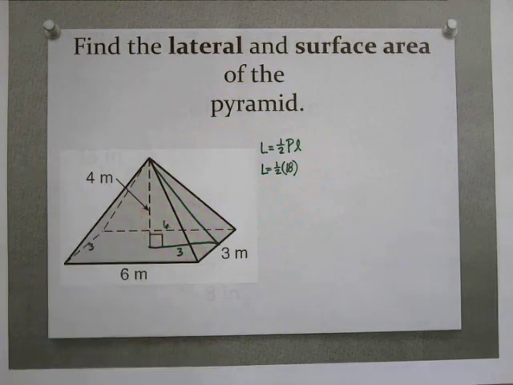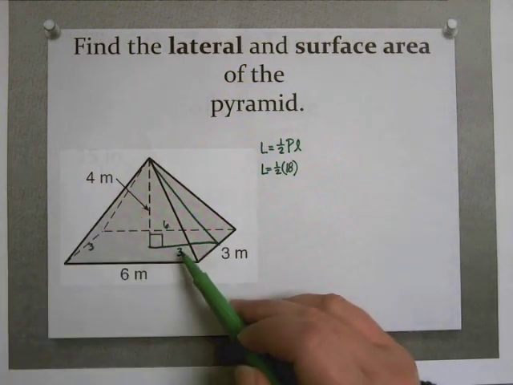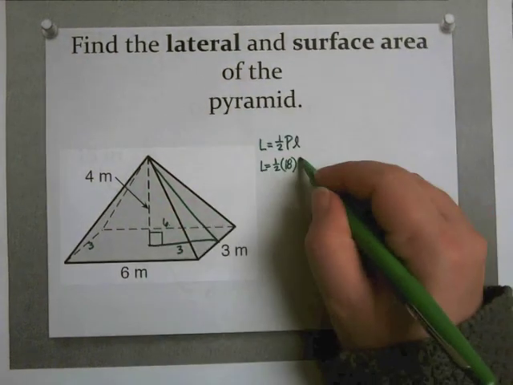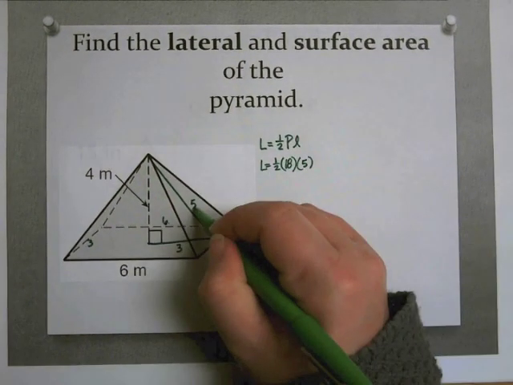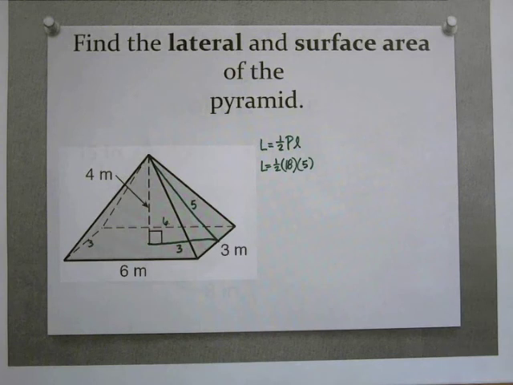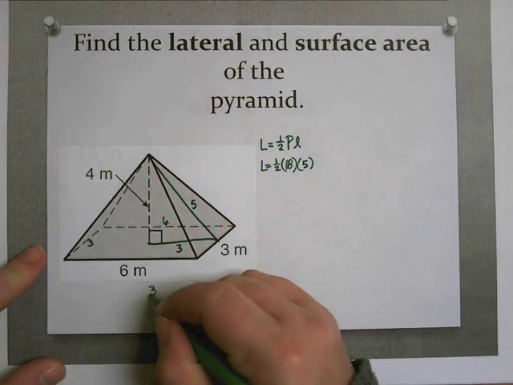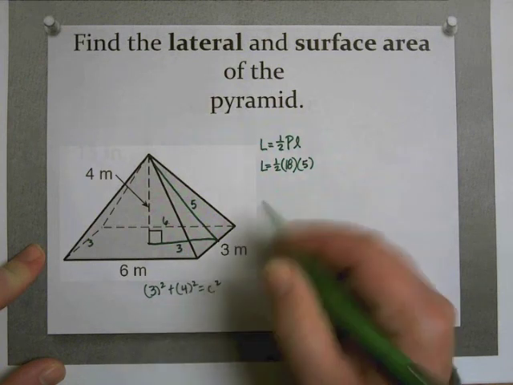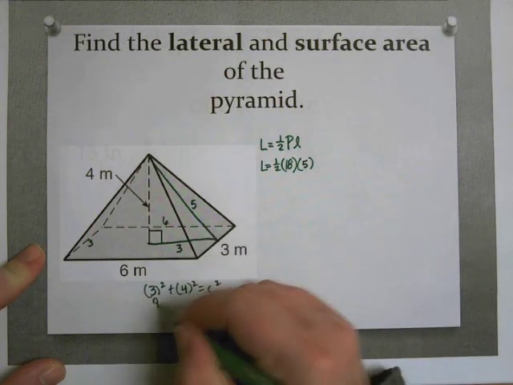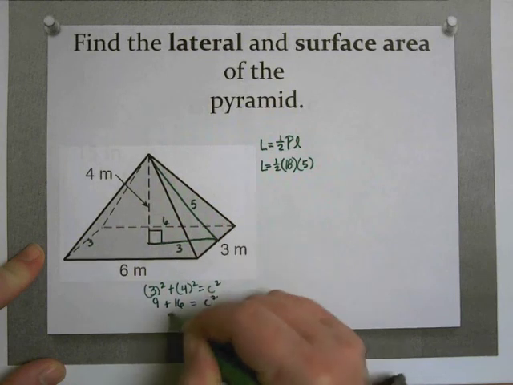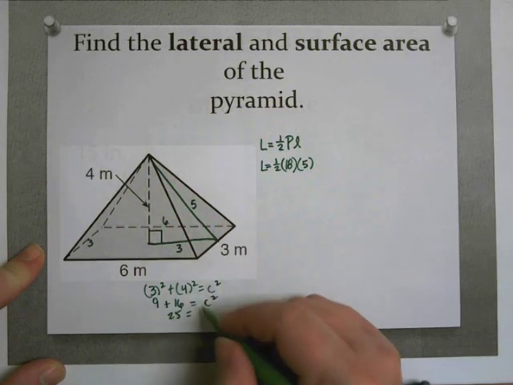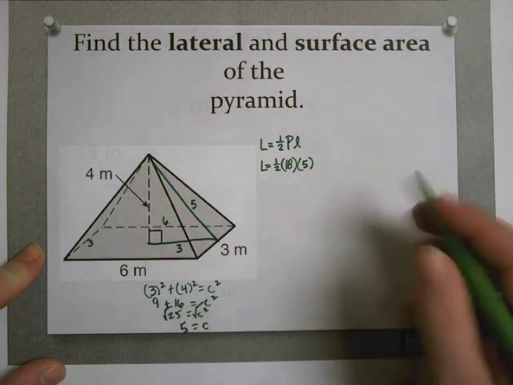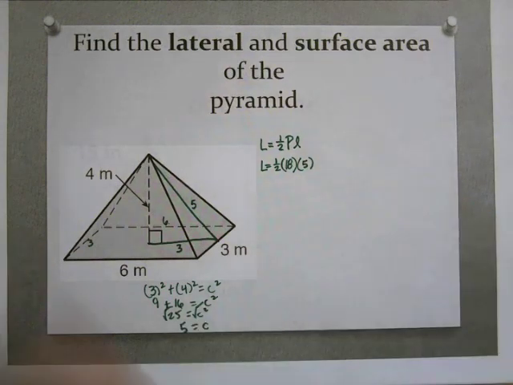If you remember from first semester when we were talking about right triangles, a 3, 4, 5 makes a right triangle. But if you don't remember, we do 3 squared plus 4 squared equals c squared, or L squared in this case. 9 plus 16, 25 equals c squared. Square root of both sides, so c equals 5. That means our slant height is 5.